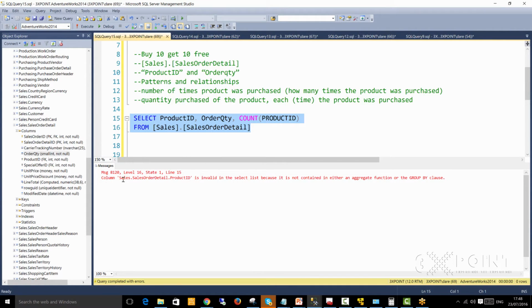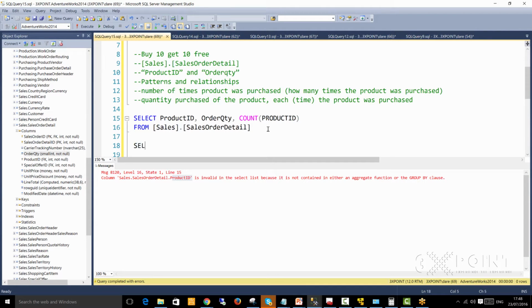It says column Sales.SalesOrderDetail.ProductID, which is this, is invalid in the select list because it is not contained in either an aggregate function or the GROUP BY clause. Anytime you are using an aggregate function, either you're selecting that function alone or you are using a group by. I'll show you what I mean.